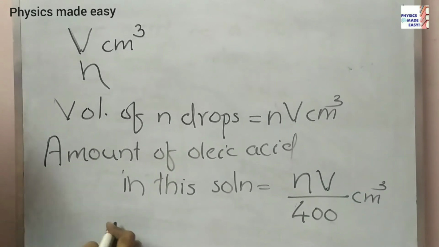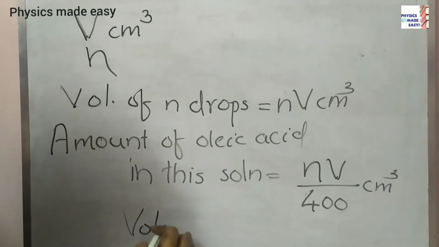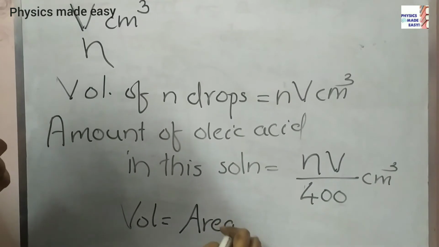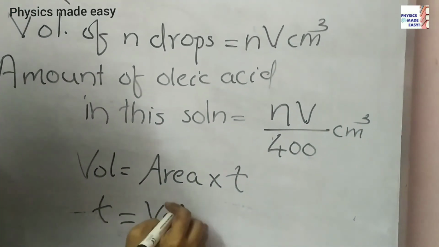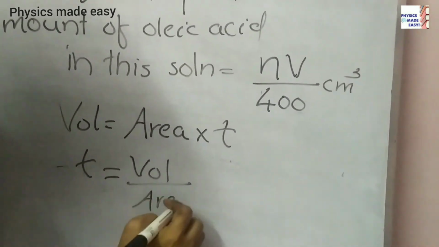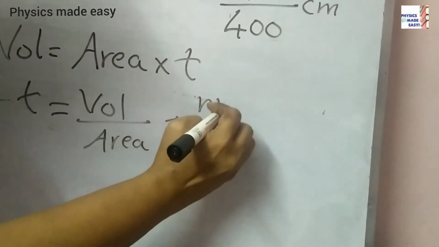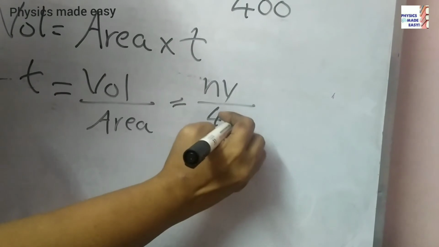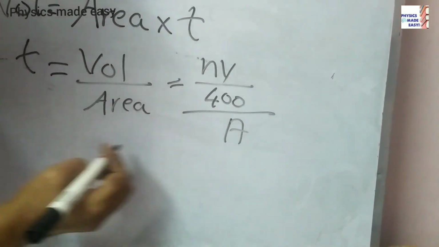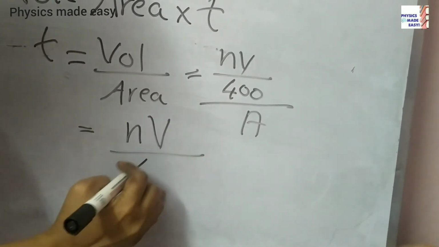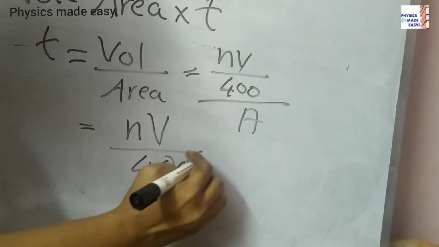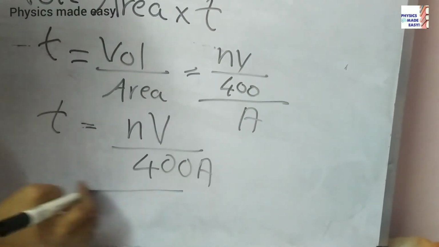Volume is equal to area into thickness. So thickness is equal to volume by area. So we can write (nV/400) divided by A. This we can write as nV/(400A). This is the thickness of that oleic acid.